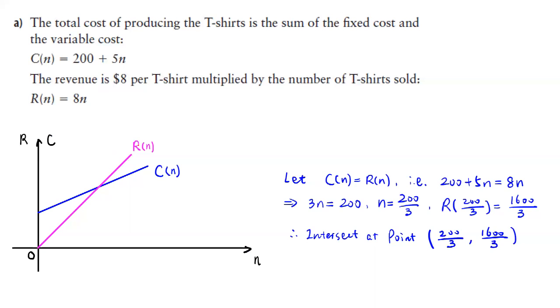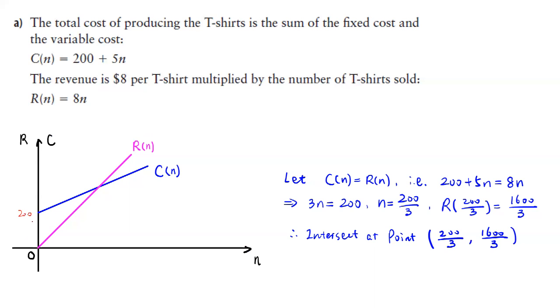And if we sketch these two functions on the same coordinates, we can see that Cn has a y-intercept of 200, right?